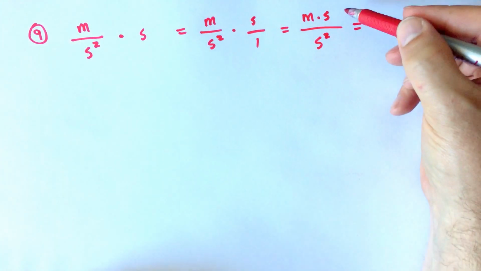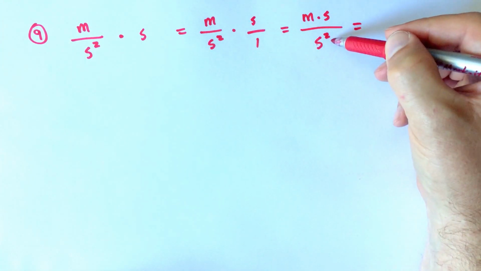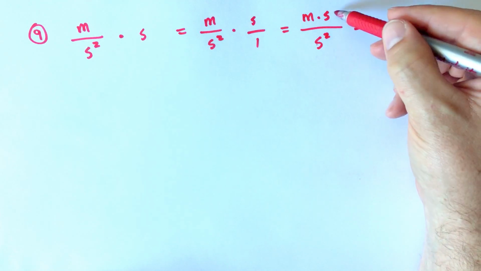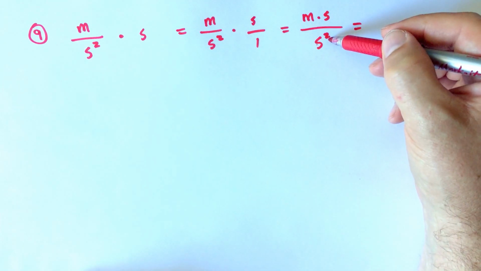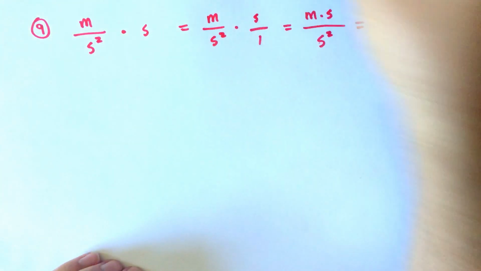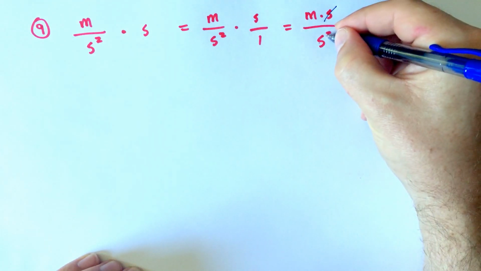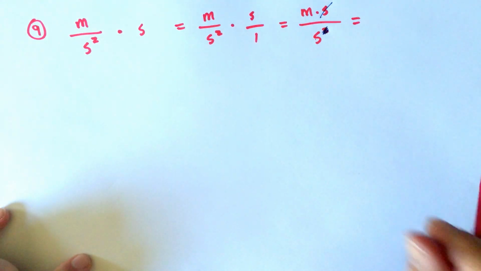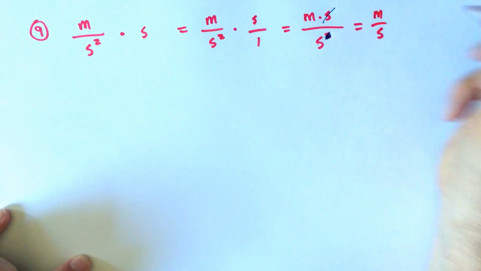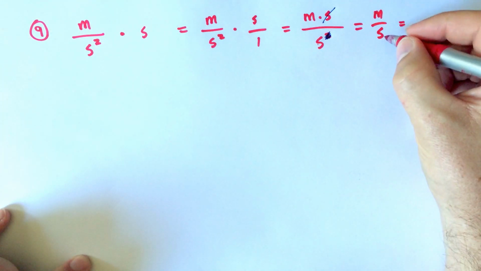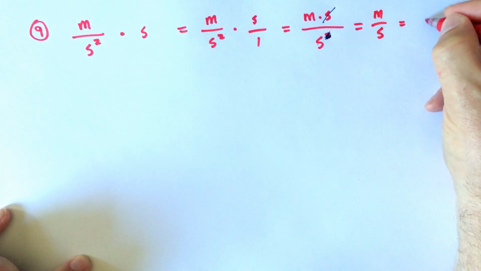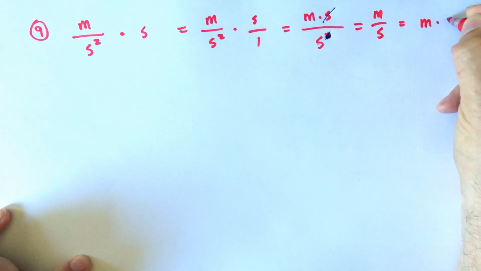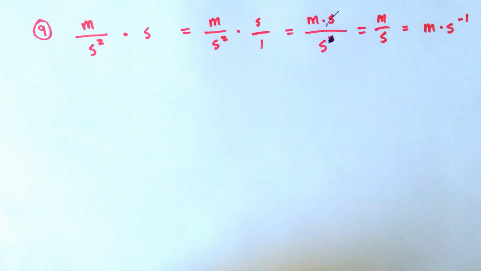Now algebraically, I have a seconds on the top and 2 seconds on the bottom. So I can cancel this top seconds with one of these 2 seconds on the bottom. That is to say that this seconds would cancel out one of these 2. I would still have 1 second left on the bottom, which would give me meters over seconds, or as IB would write this without units in the denominator, meters times seconds to the -1 power.